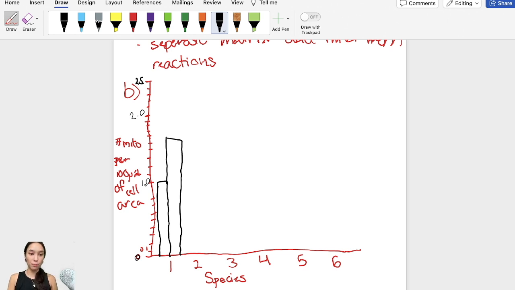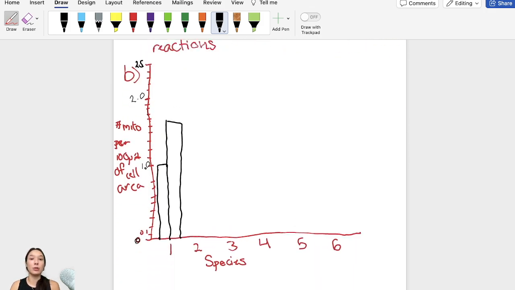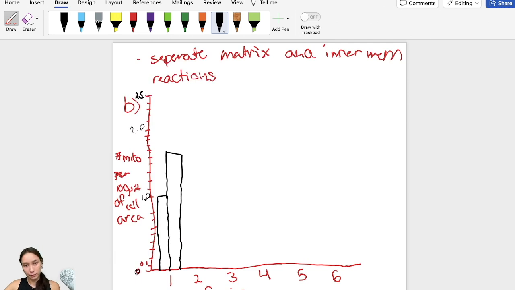Because you have 2 bars per species, you need to be able to identify which one is for elevated CO2 and which one is for normal CO2, right? Because we're comparing this to this. I need to know which one is the elevated CO2 and which one's the normal CO2. So let's just do the elevated CO2, which should be the second one. We'll just color it in. So that's how we're going to separate them.